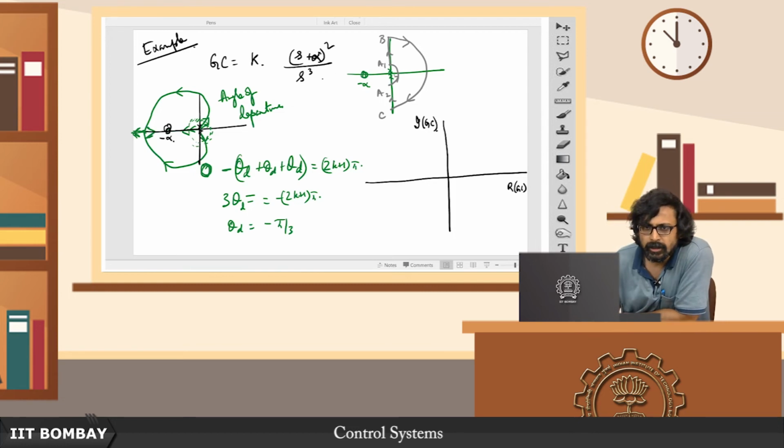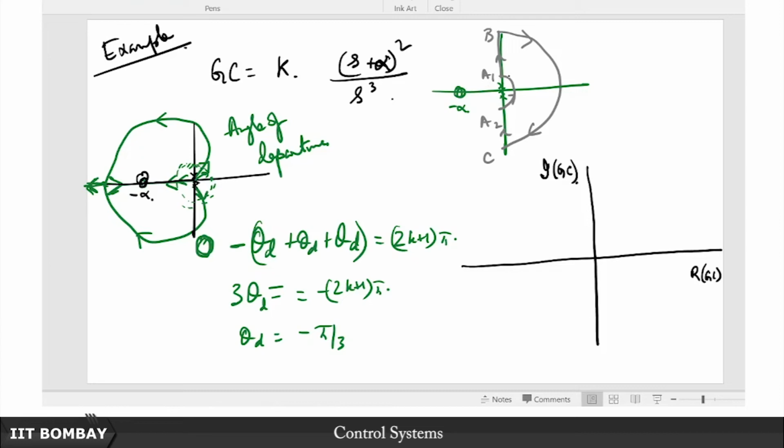Look at this point A1, what is the total contribution from this triplet of poles? That is all that is going to matter at this point, because for all the other terms the phase contribution hardly makes a difference. It is going to contribute 90, 90, 90, so that is 270, but because these are poles, it will be minus 270.